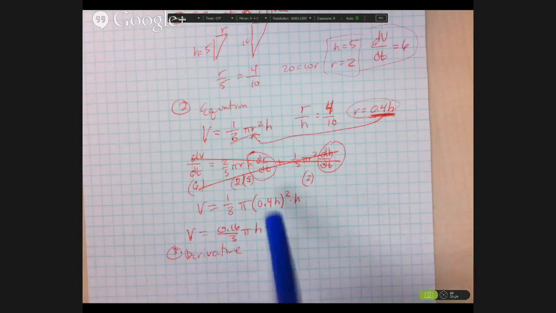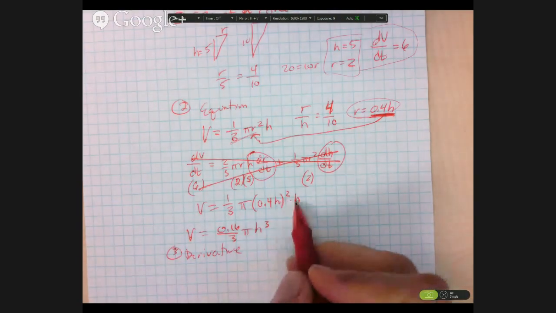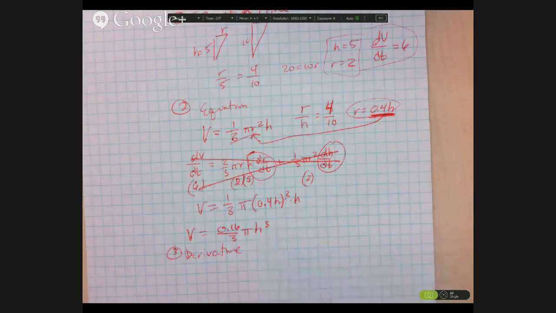Yep. 0.4 squared is 0.16. Because H squared times H. H squared times H. Oh, yeah. What's the derivative?